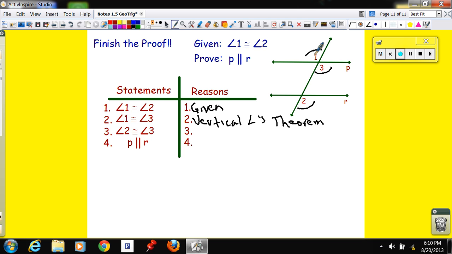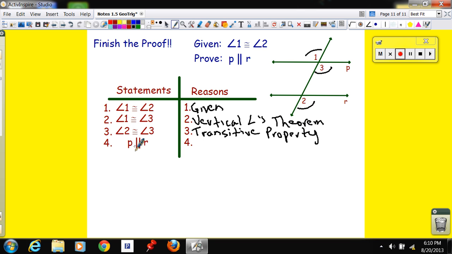Now, if 1 is congruent to 2, and 1 is also congruent to 3, that means 2 and 3 also have to be congruent. We call that the transitive property from Algebra 1. You may or may not remember that. So that's what that's called.